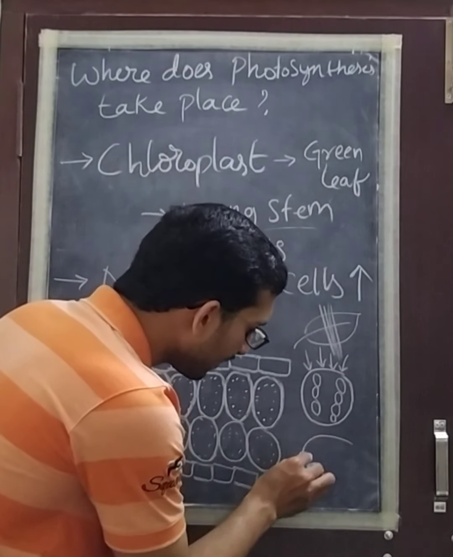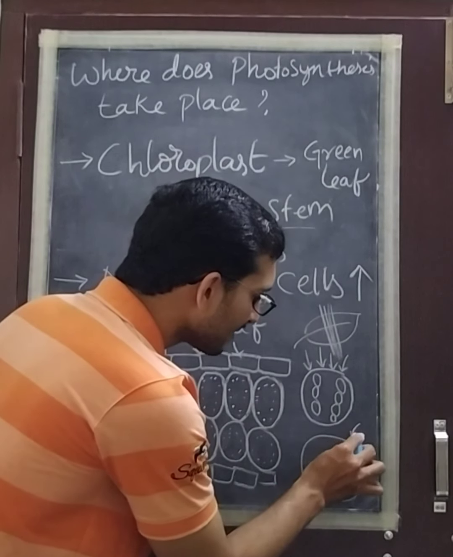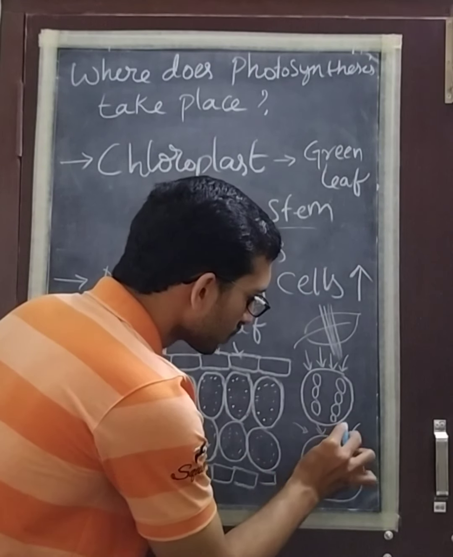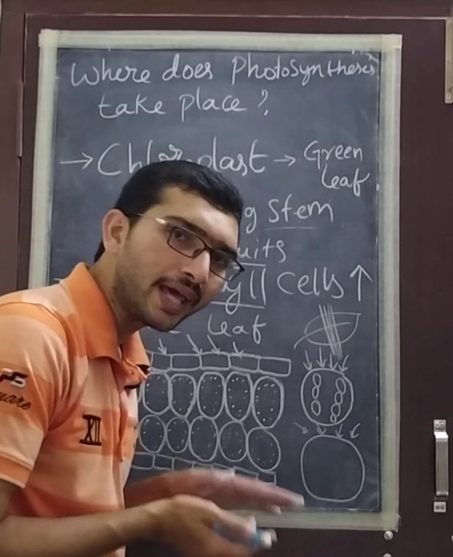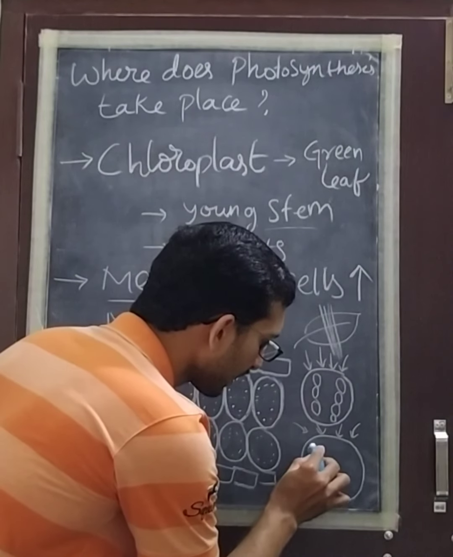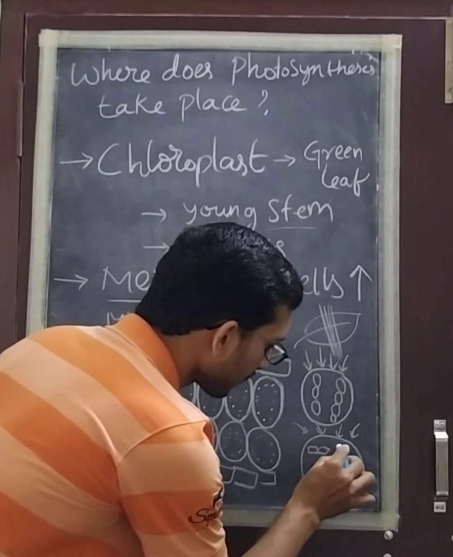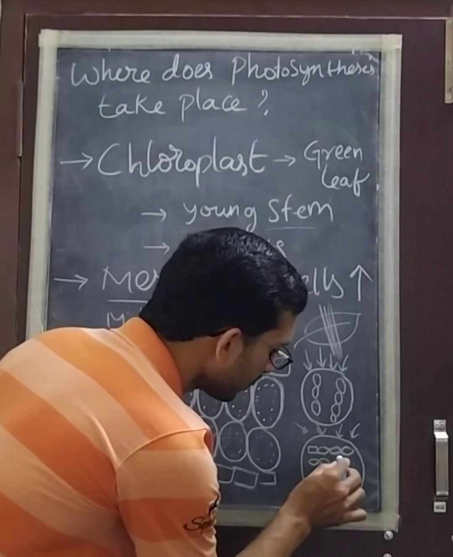If there is low intensity of light, at this moment the chloroplast will align like flat surfaces. They arrange like flat surfaces, and they will be parallel to the walls of the mesophyll cells.